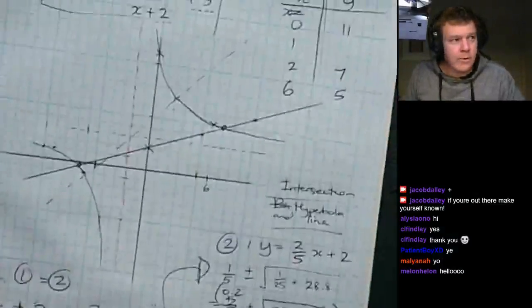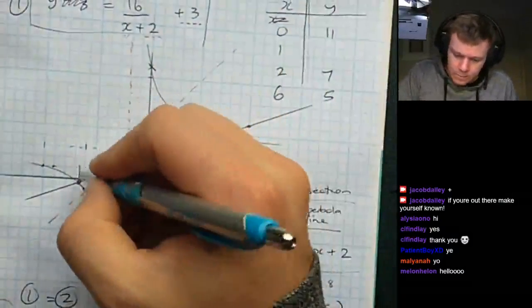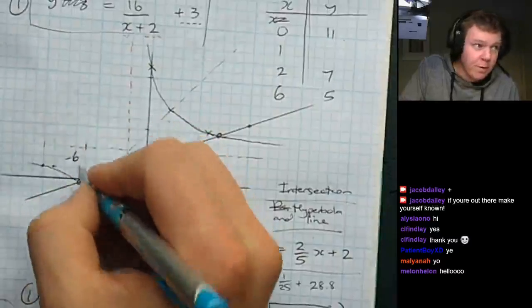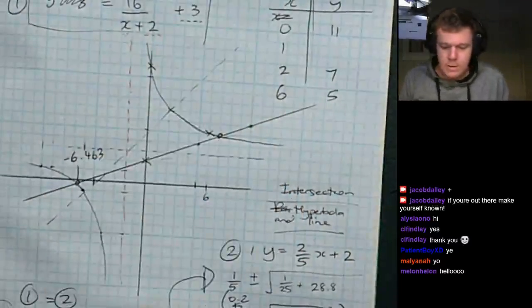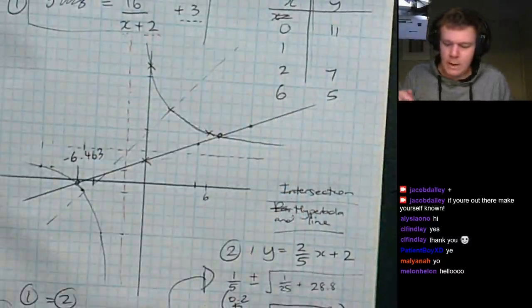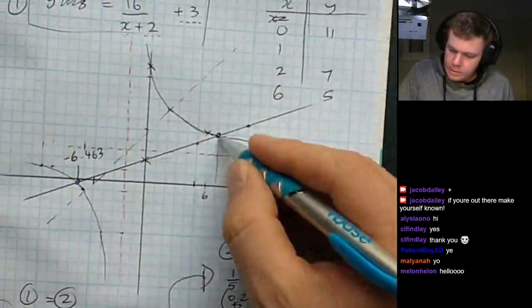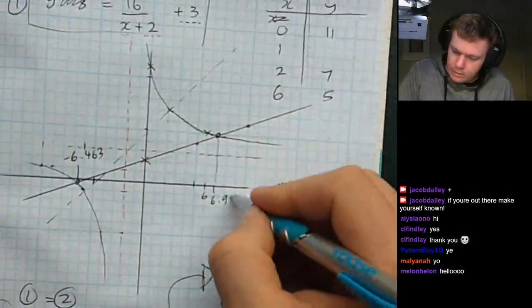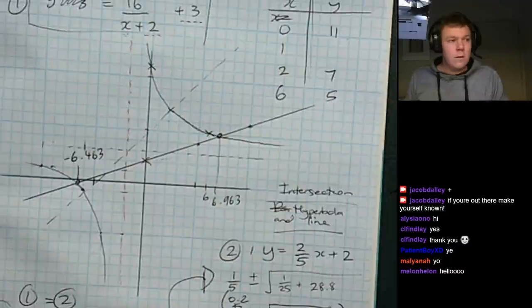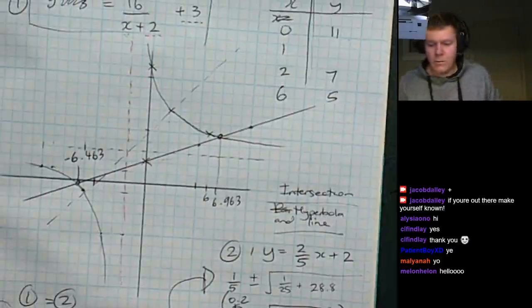So if I go back to my graph, we have a negative 6.463 corresponding to that one, and over here we've got very close to 7, 6.963. So it does help to draw the graph because you can see how close you were.